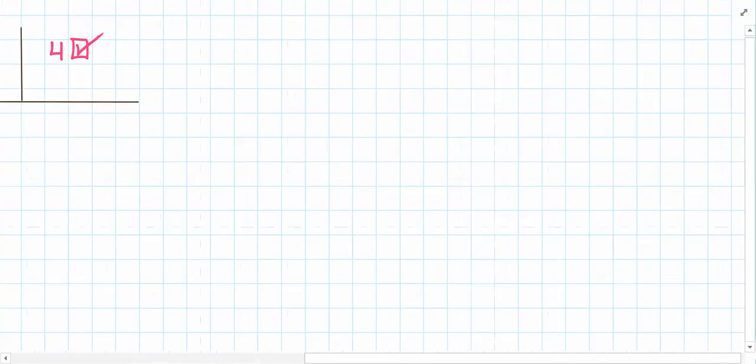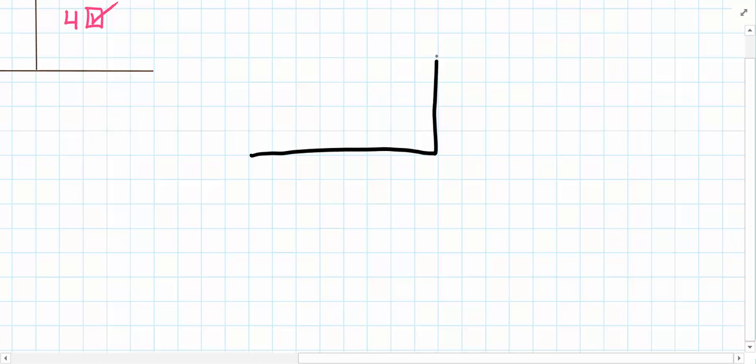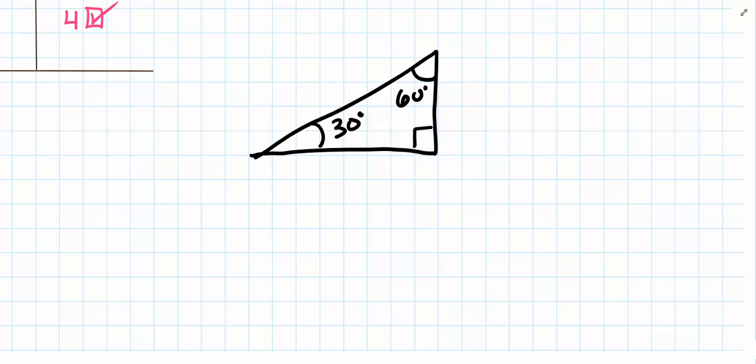So I'm going to move over here for just a second. All right, this is practice before we begin. If I gave you, remember this from geometry, a 30, 60, 90 right triangle, the only thing that's going to matter in this section is the relationship amongst the sides of a 30, 60, 90 and a 45, 45, 90.